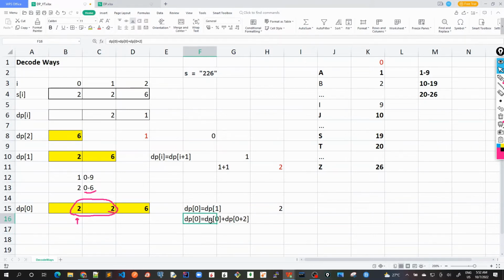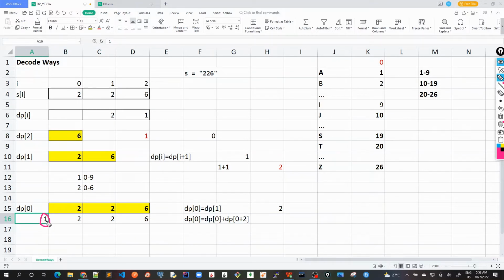Or in other words, the same way as we have generalized this formula, this can be generalized whether we have more digits here, say 1, 2, 2, 6, for example. Just give me an example here. We have got 1 here. So if we have one extra digit here, 1, for example, in that case also the same formula would apply, that DP of i would be DP of i plus 1.